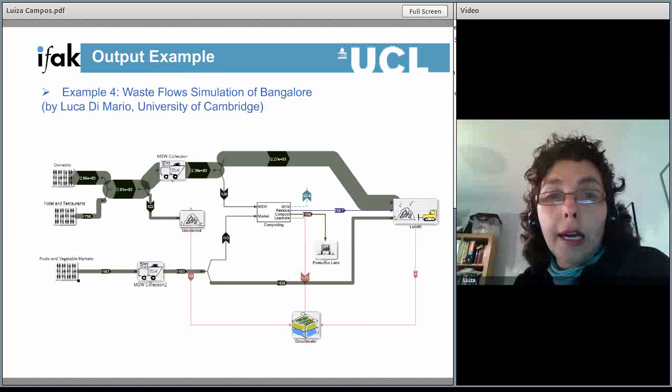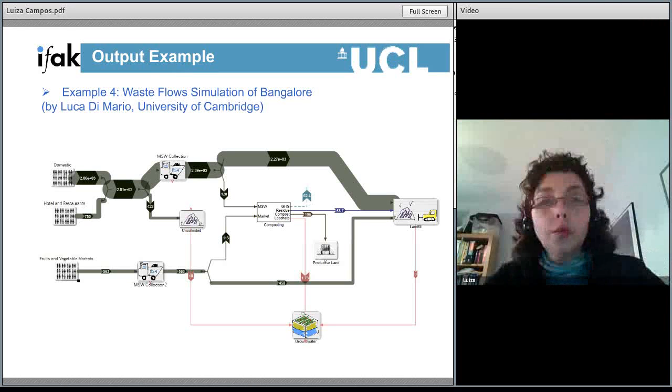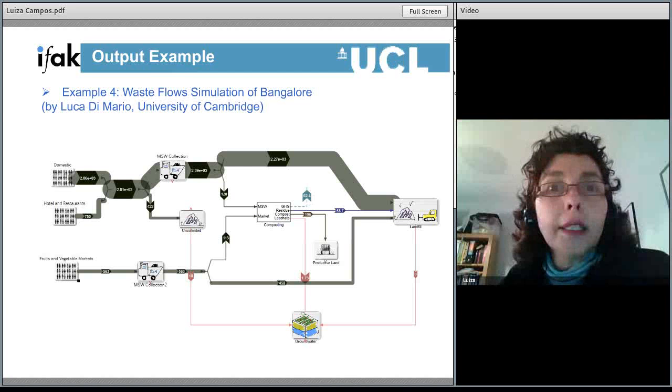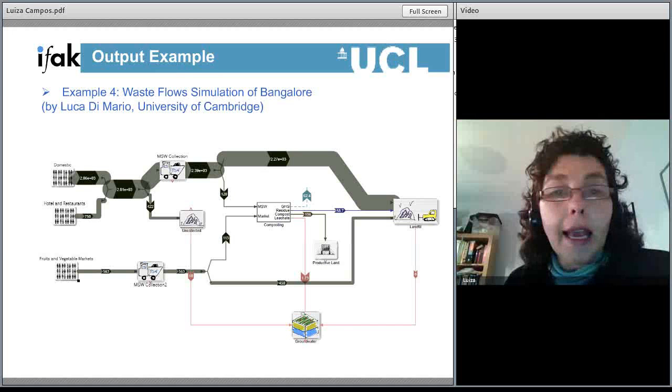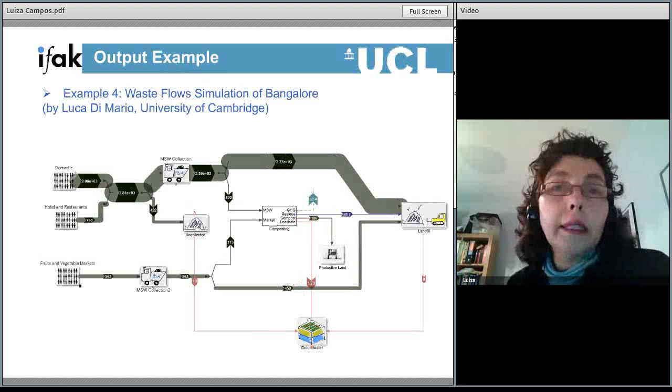Example 4 has been prepared by Luca Di Mario, a PhD student from Cambridge University, who is using SuSanA to investigate business models in Bangalore and also in Lima. He has been creating blocks that also simulate solid waste.